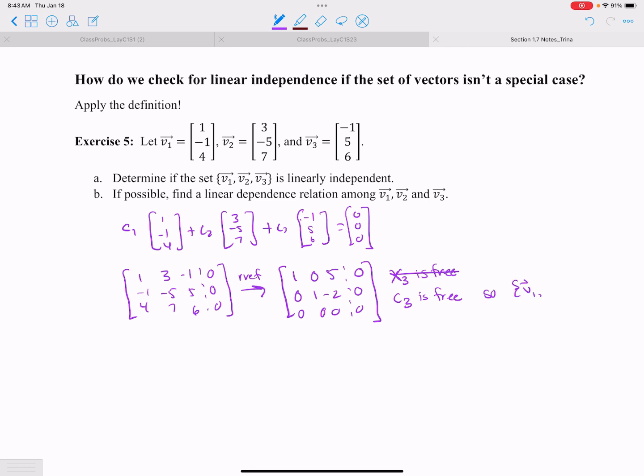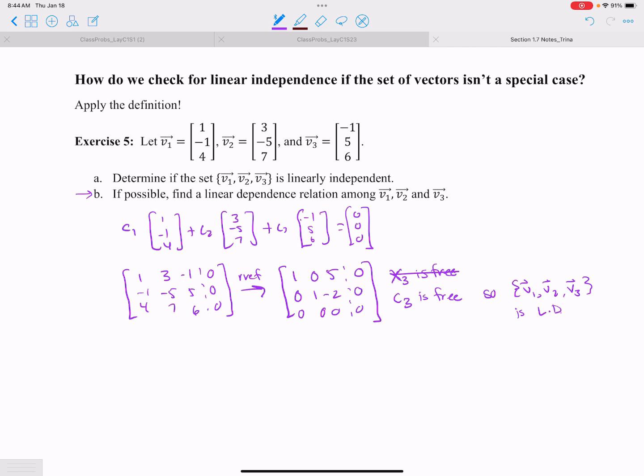So V1, V2, V3 is linearly dependent. So then it says, if possible, find a linear dependence relationship. All right, so I'm going to go ahead and solve, because I want to find what are the values of C1, C2, C3 that will give this dependence relationship.